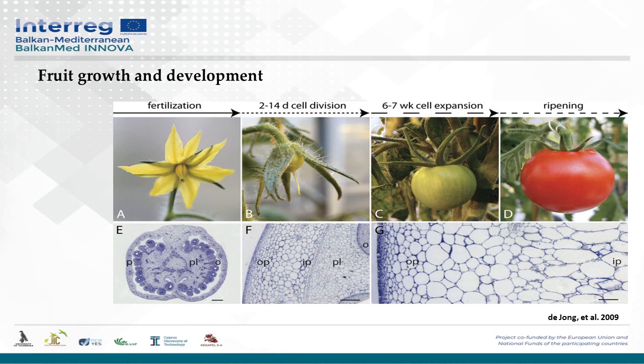But by the end of this period, when the fruit has almost reached its maximum size, some physiological and biochemical changes start, and as a consequence, the fruit changes color from green to red, and some combined sugars are transformed into simple sugars.